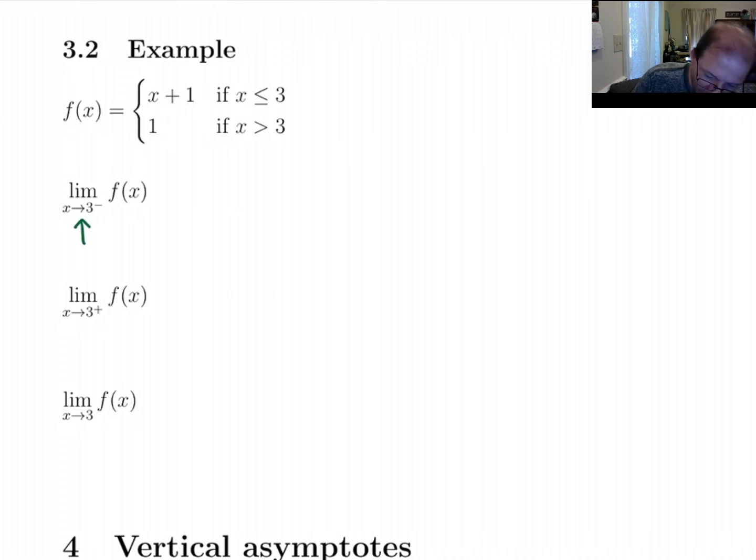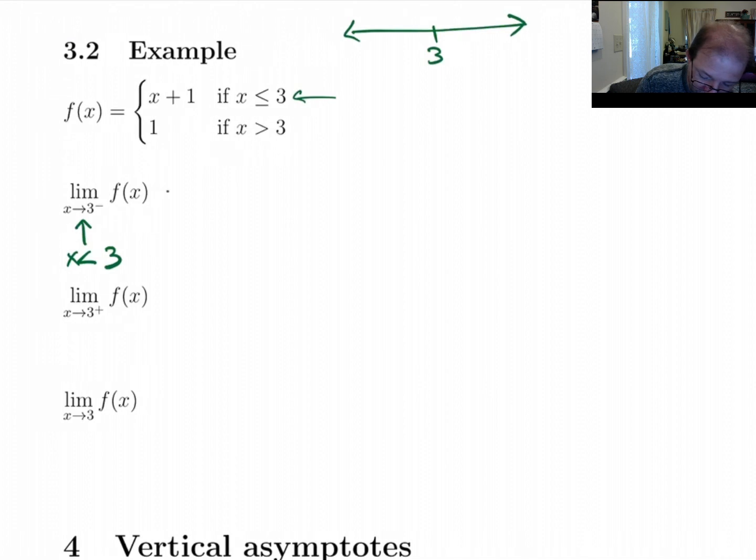If x is going to 3 from the negative side, we've got 3 here. If we're approaching from the negative side, that means x is less than 3. And so we want to use the top part of the function. So my answer there is 4.